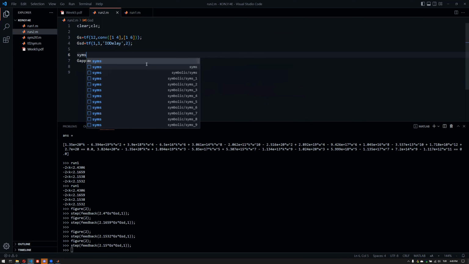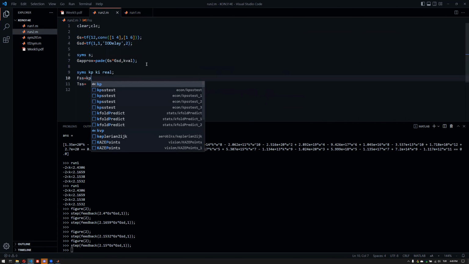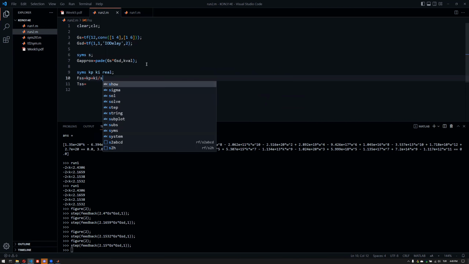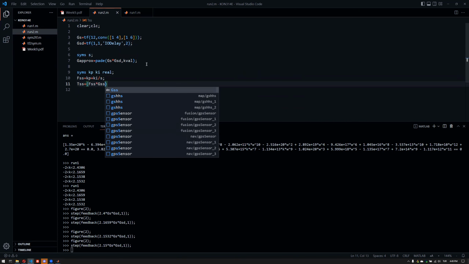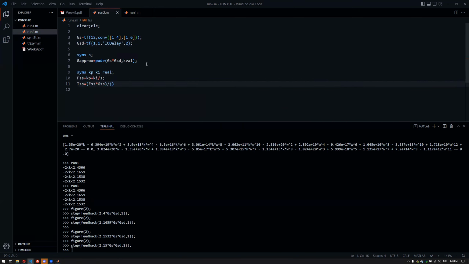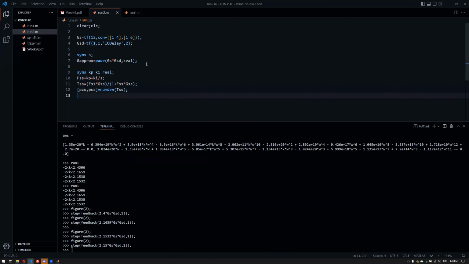So syms s and syms Kp and Ki, these are real values. Let's look at the following, where F(s) is Kp plus Ki divided by s, and T(s) is F(s) times G(s). This is quite the usual stuff. So 1 plus this, and PCS is the numerator of T(s).